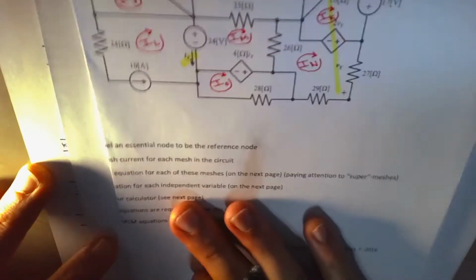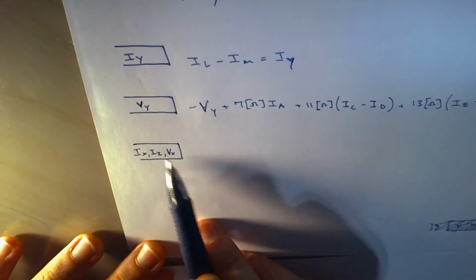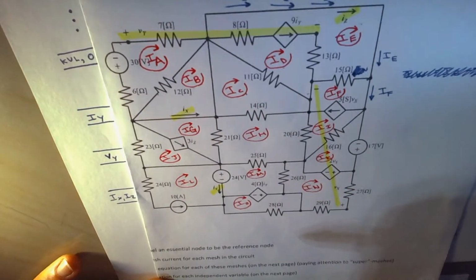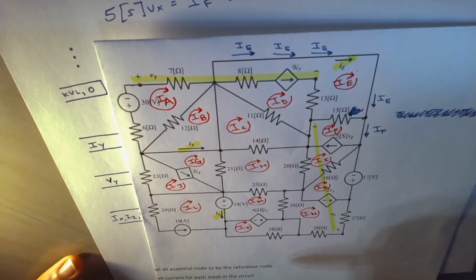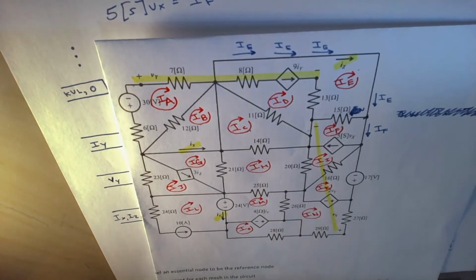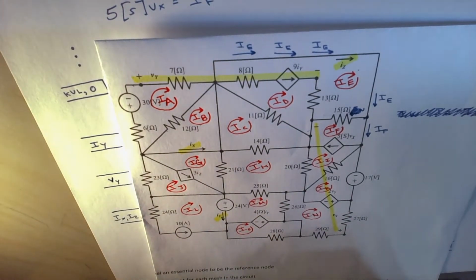So the next step would be to write those equations for Ix, Iz, and Vx. I'm not going to do that in this video. I'll leave that up to you. And then the last step would be to put all of these equations in your calculator. I recommend any calculator with an equation solver.